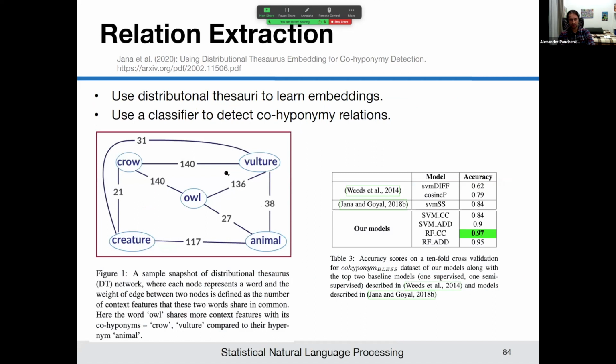Another application is to extract relations. And here the authors rely on a distributional thesaurus. This is a kind of symbolic network where you have words as nodes and distributionally related edges.